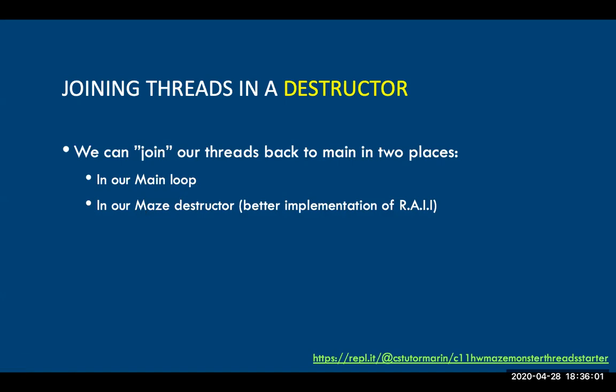So when we destruct the maze class, or we try to and say, okay, I'm done with the game now, I want to delete it, we want it to actually join the threads at that point in time. And we'll see this in our exercise, but it's a little bit interesting how it actually works. Basically inside of your maze destructor, you would just join those threads. Pretty straightforward, unless you forget it, and then you'll have a crash.